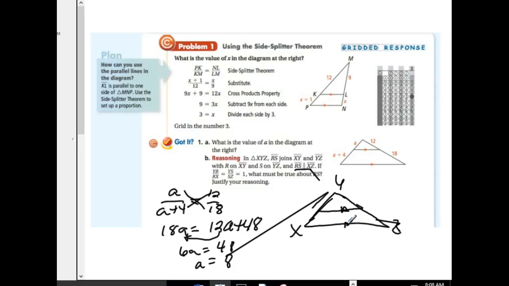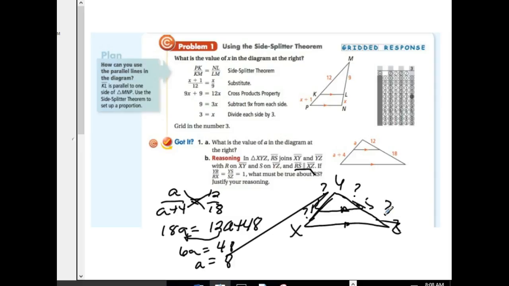And the question is, if the proportion that I set up, let me label that as RS, if I compare YR to RX, which is this side to this side, in the same way that I compare YS to SZ, which is this side over here, which is what we do on all these problems, if that ends up being 1, then what must be true about RS?